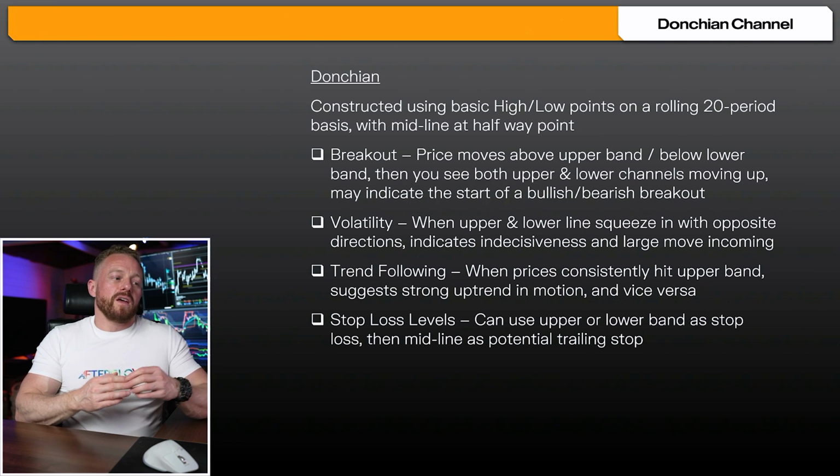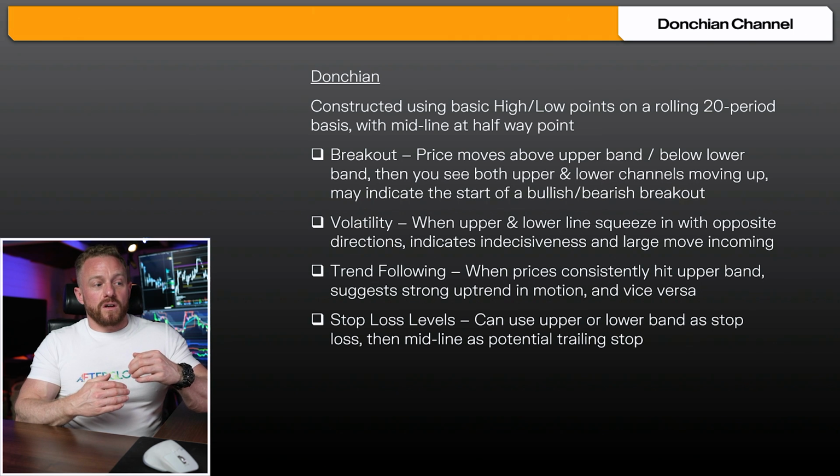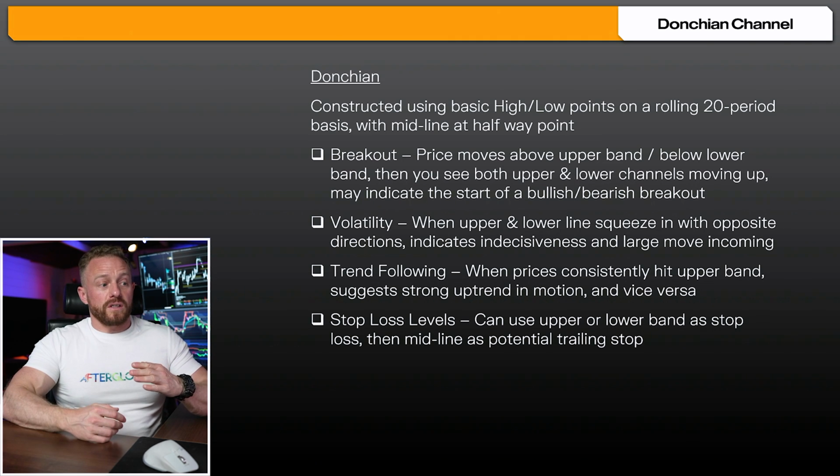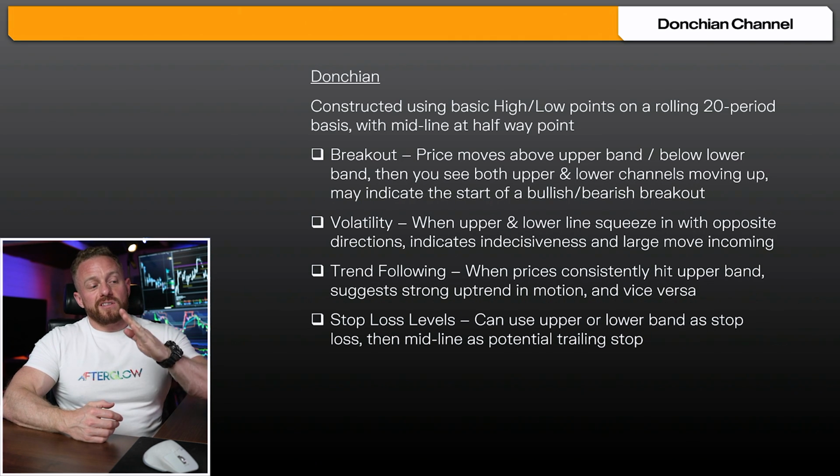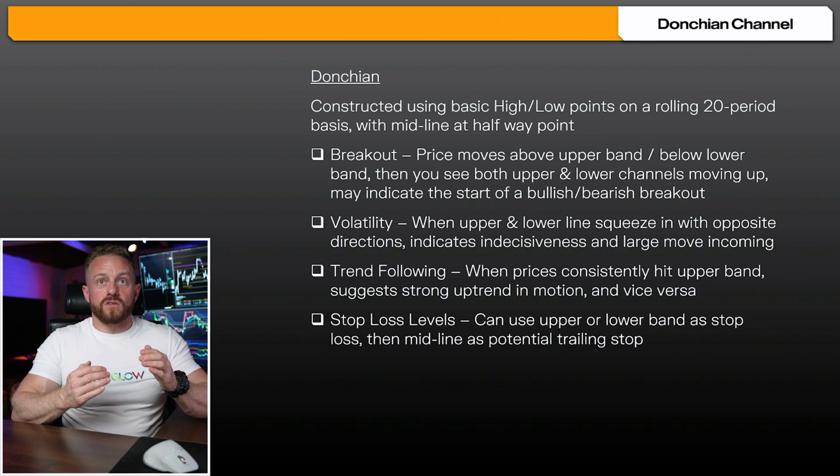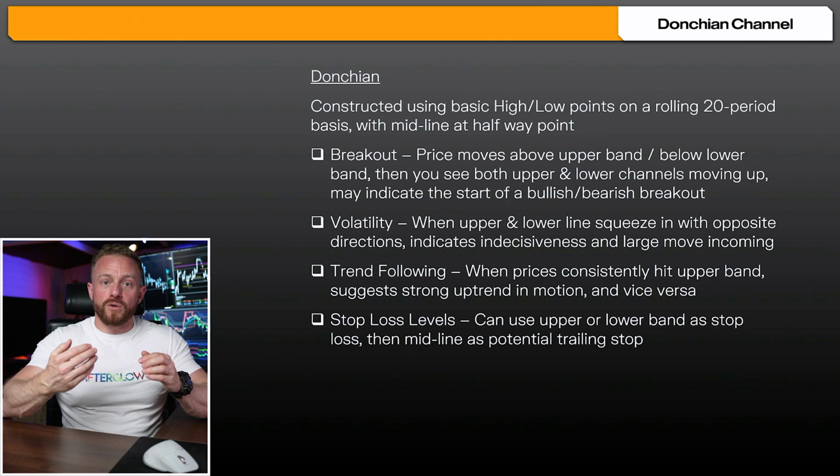And then in terms of trend following on the Donchians, when the prices consistently keep hitting the upper band, that suggests there's a strong uptrend in motion and we're likely to get a continuation.